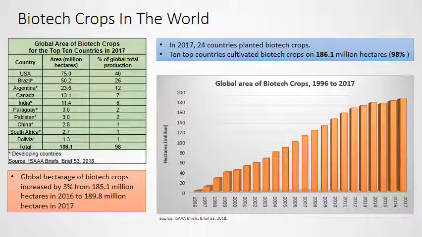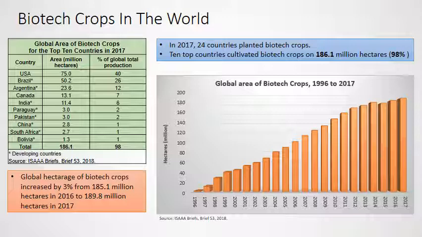Now let's look at biotech crop production in the world. In 2017, 24 countries, including 19 developing and 5 industrialized countries, planted biotech crops. The 10 top countries cultivated biotech crops on 186.1 million hectares, and that was 98% of the global total biotech crop production area.